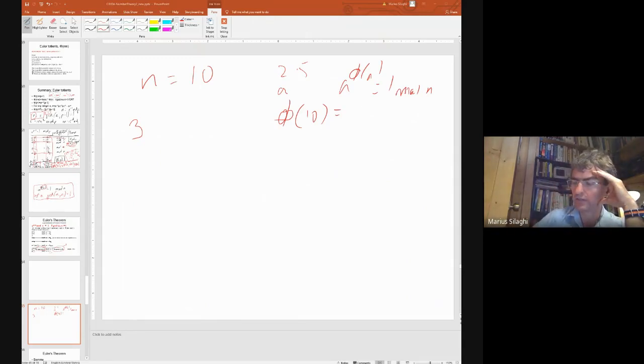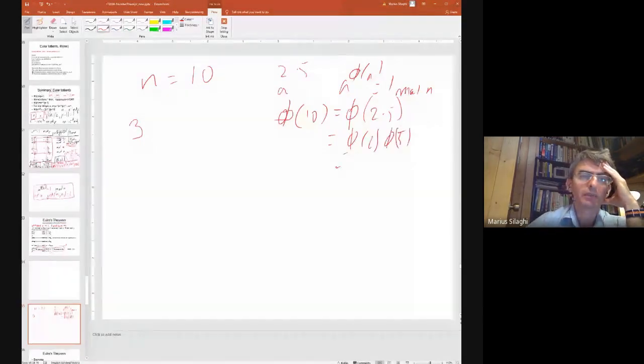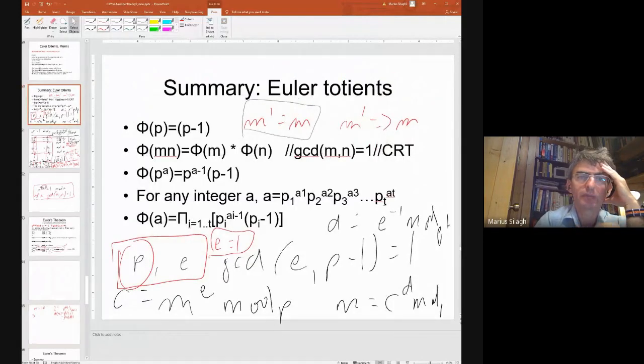Right? Yes, because it's equal to Euler totient of 2 times 5, which is equal to Euler totient of 2 times Euler totient of 5. We have seen the rules last time for the Euler totient, and these are the rules you should remember.